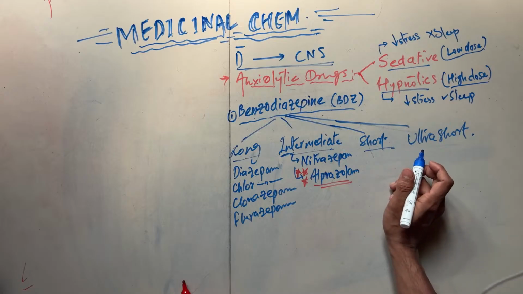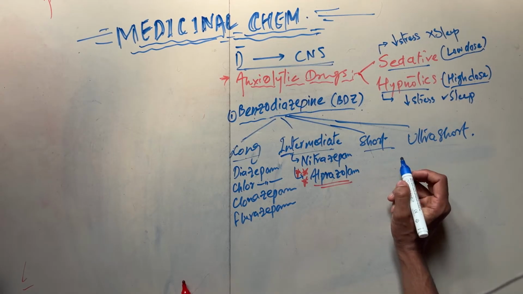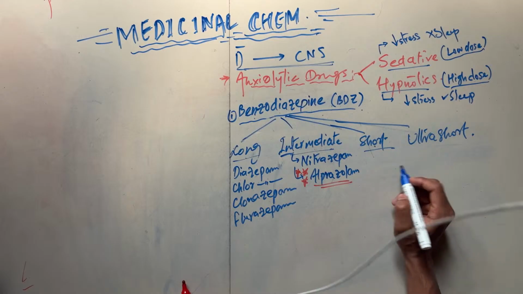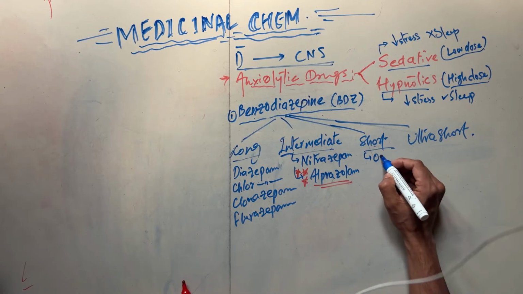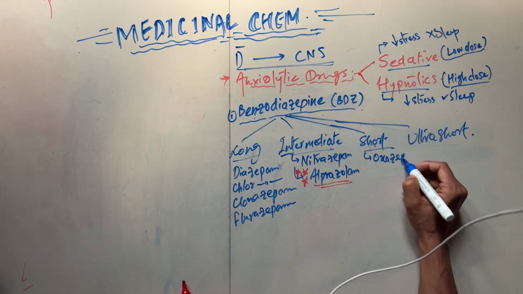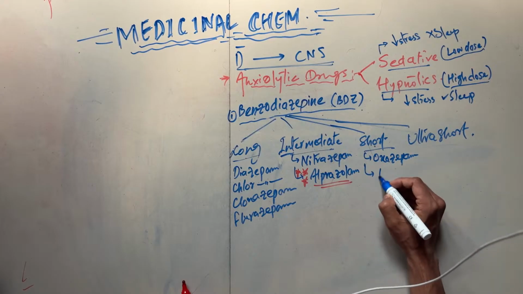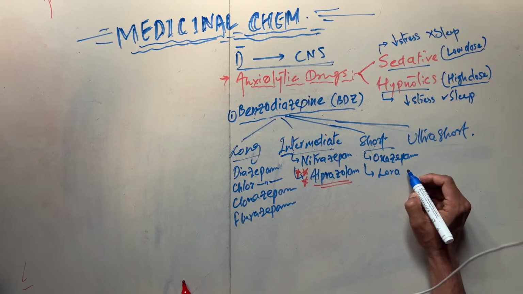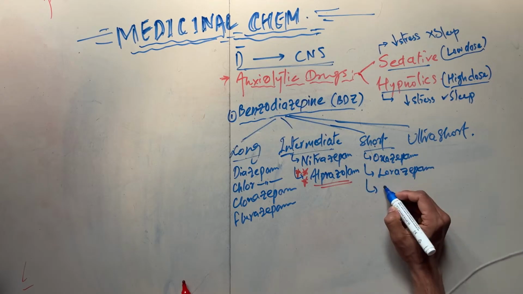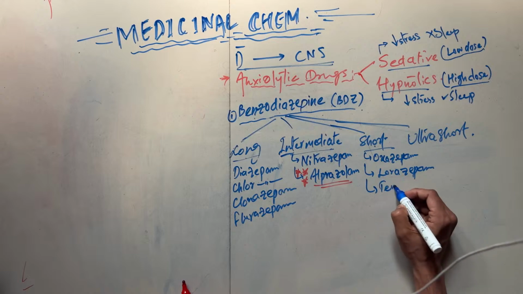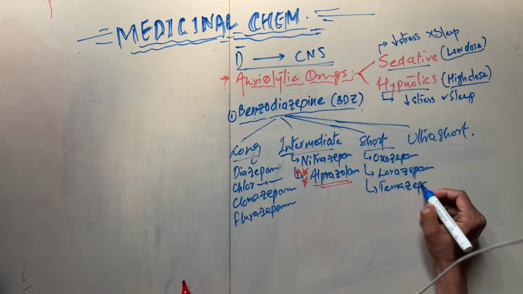Next is short acting benzodiazepine. So what are the short acting benzodiazepines? SHOLT, short acting benzodiazepine. O for oxazolam, O for oxazepam, L for lorazepam, and T for temazepam. Okay.